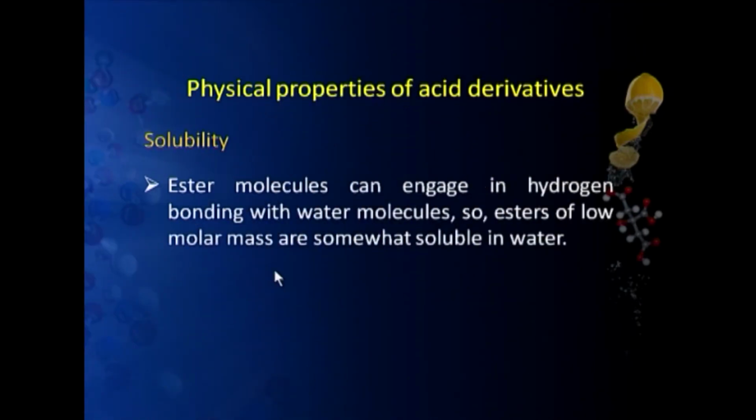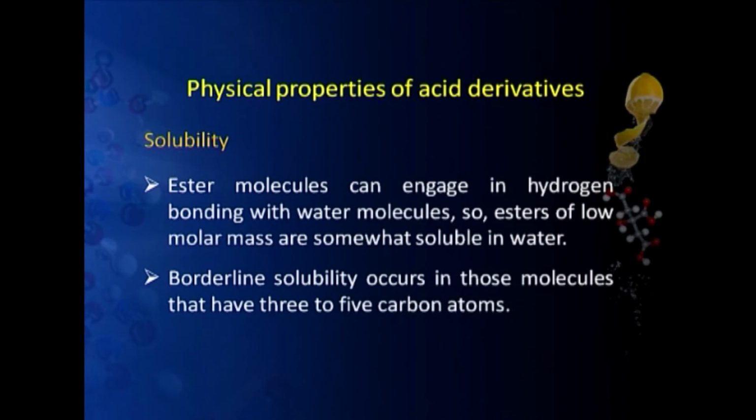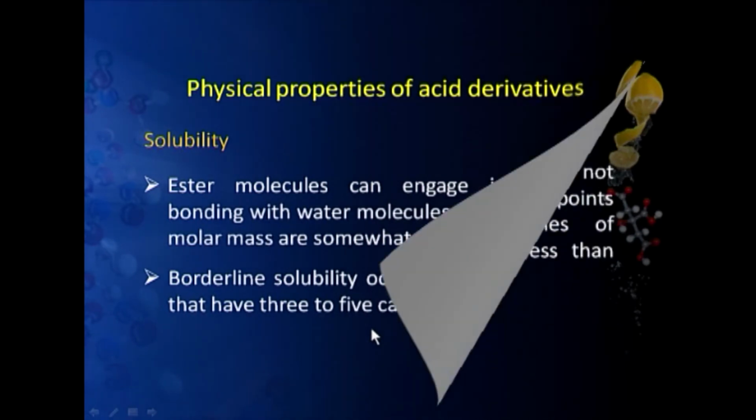Esters are also soluble in water, the esters of small size. The reason is the same, because they can also form hydrogen bonding with water molecules, and generally 3 to 5 carbon esters are water soluble. After that solubility decreases drastically.